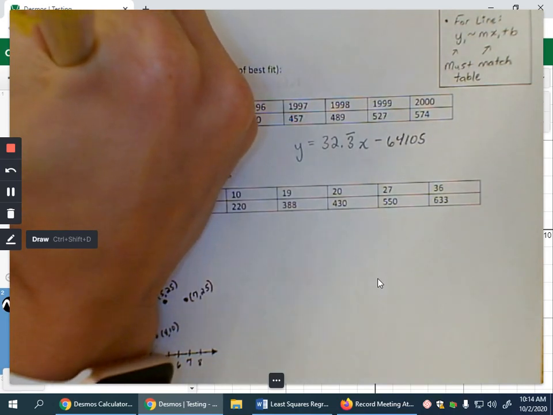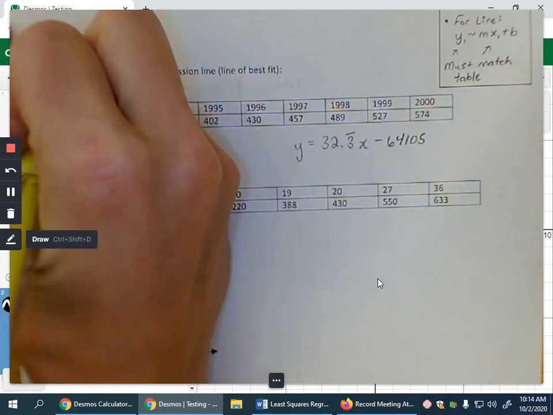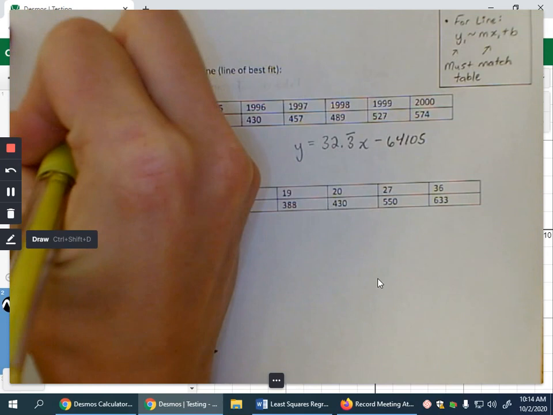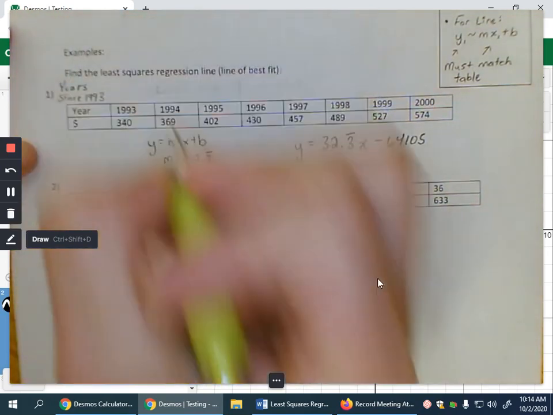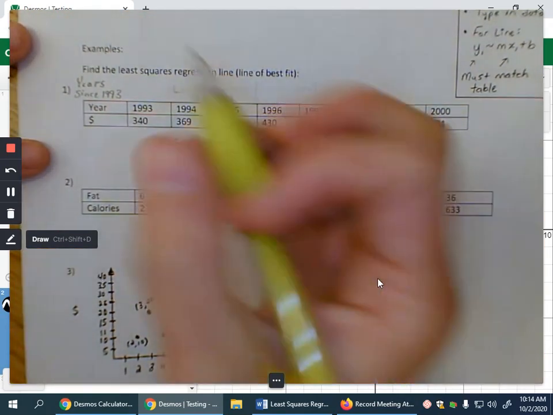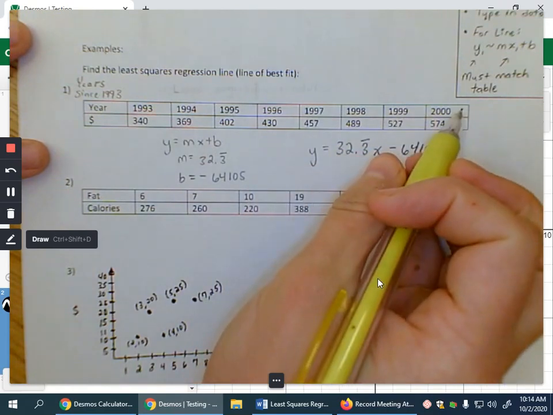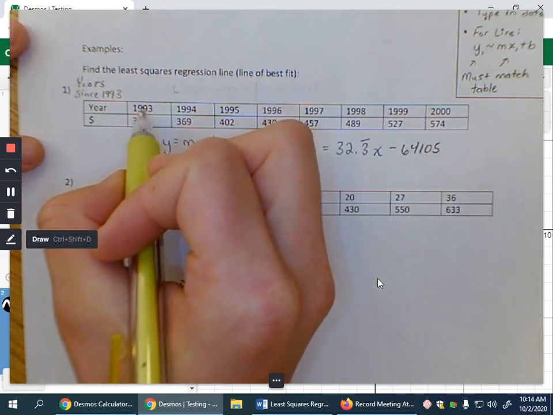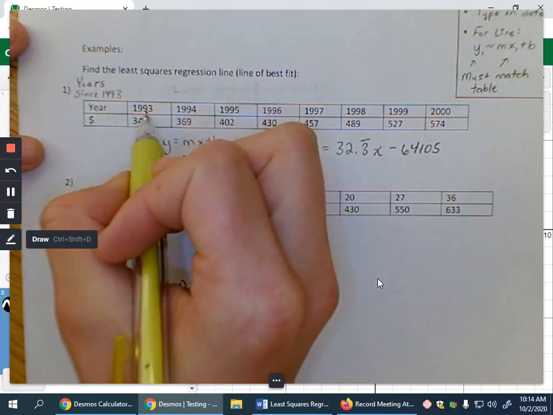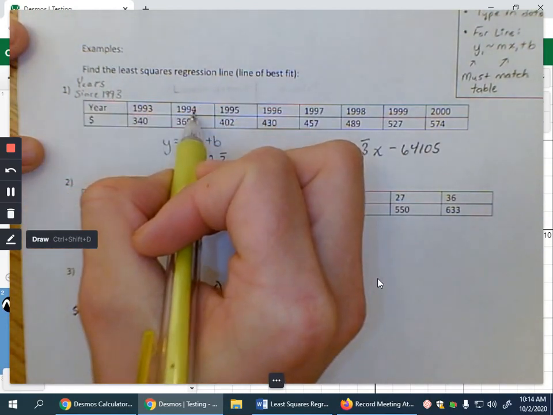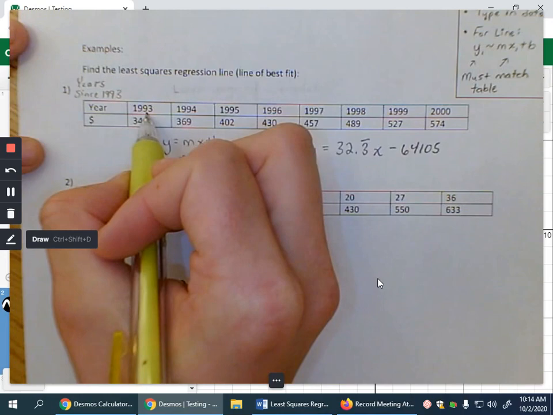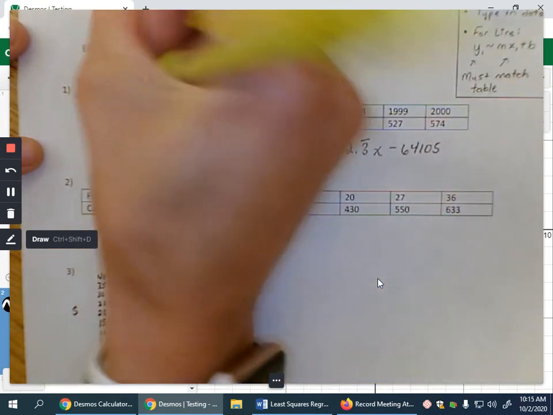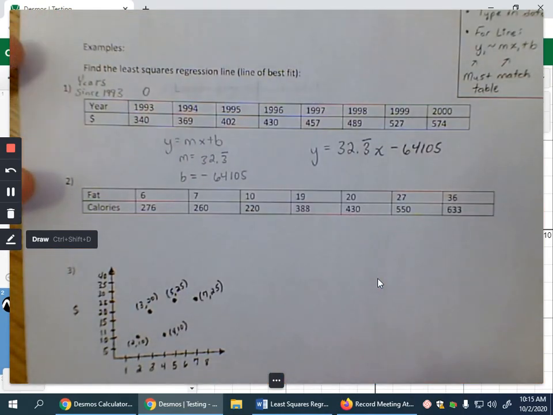So 1993 is the beginning, so that's 0 years away from 1993. And then 1994 is 1 year since 1993, so you type a 1 in for that. 1995 is 2 years since 1993. This would be 3 years. That would be 4, 5, 6, 7, okay?